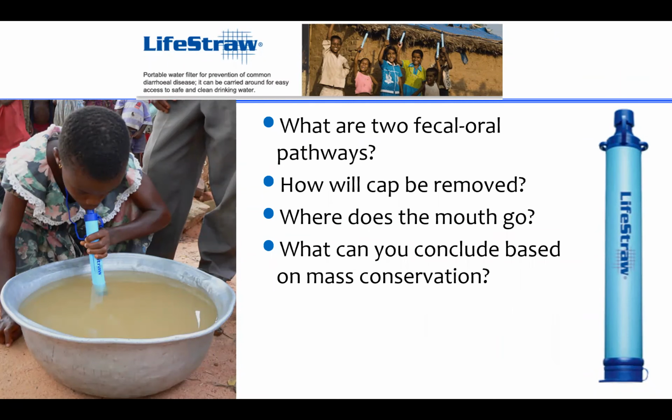Could there be aerial contaminants? Absolutely. If you look at this environment, it looks like it could well be a dusty environment. And it's entirely possible for pathogens to be kicked up in the dust, become airborne, and land on the device that you're about to stick your mouth around.